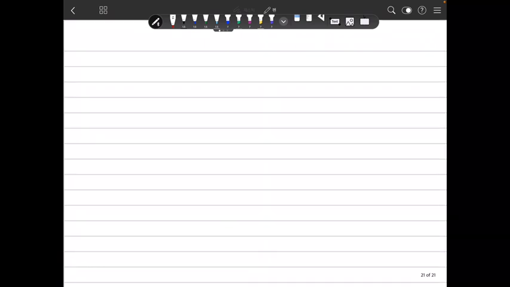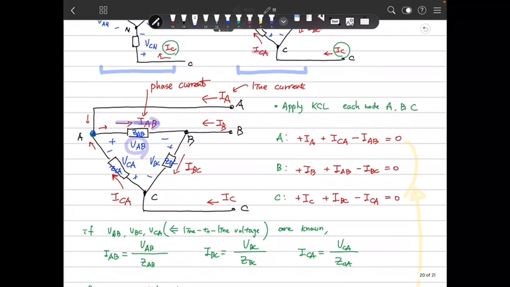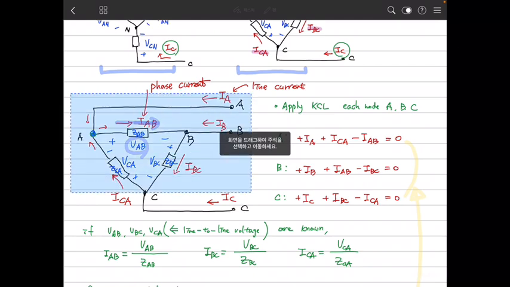So this can be represented in the phase diagram. Let's say the phase current, we define the current in this manner.